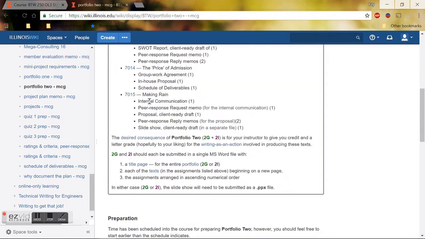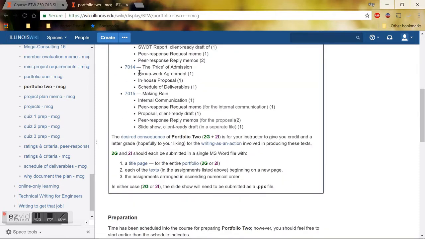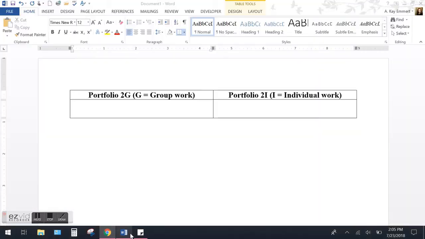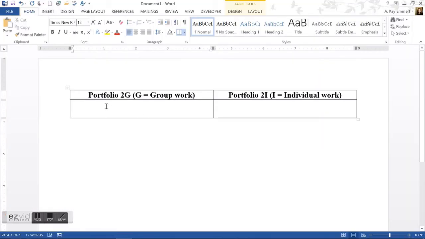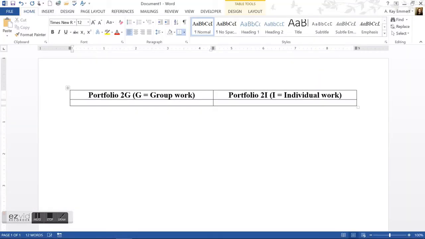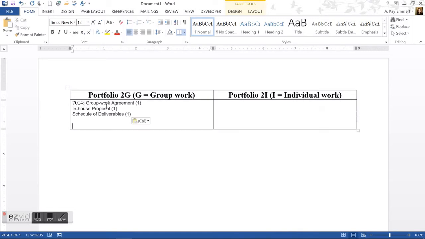So to help visualize this, I'm going to put this in my own kind of table so that I remember what I'm doing. So 7014, and then also these documents from 7015.